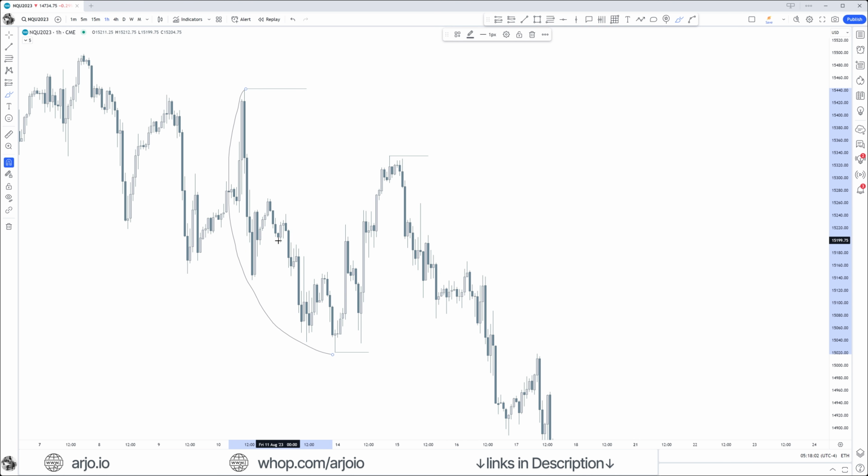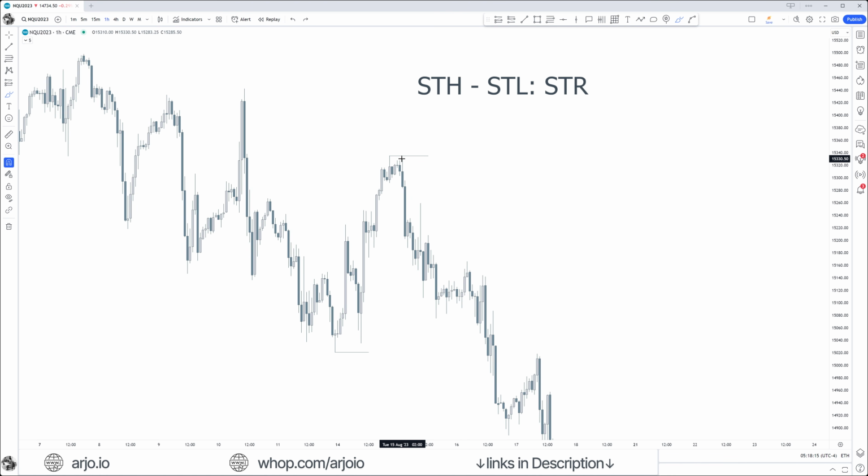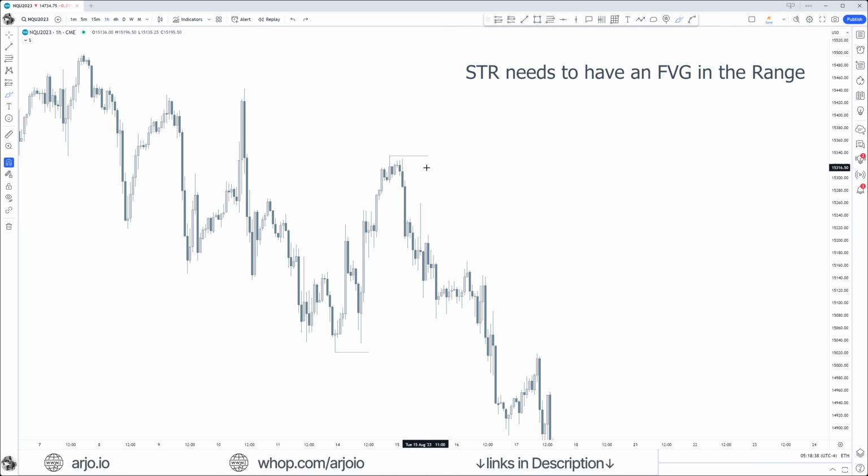discount on. Then in between this intermediate term high and that intermediate term low, we now are forming, you guessed it, from a short-term high to a short-term low, short-term ranges. And a short-term range always needs to have a fair value gap in the range.